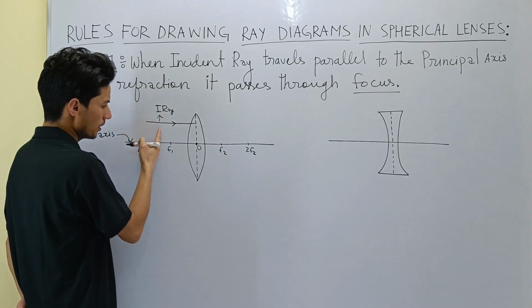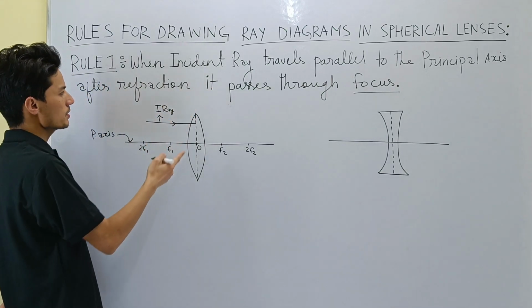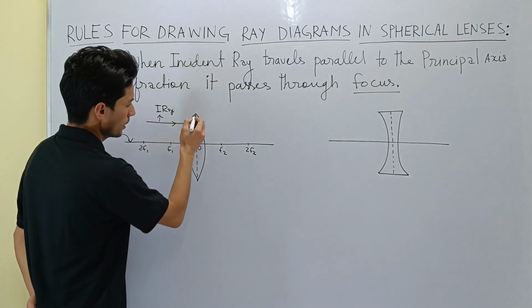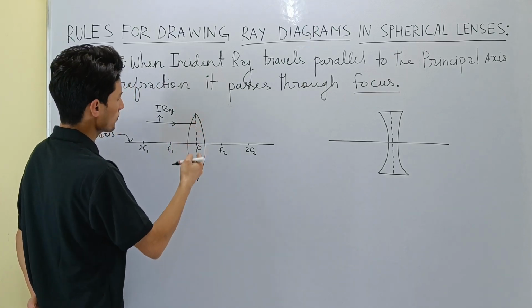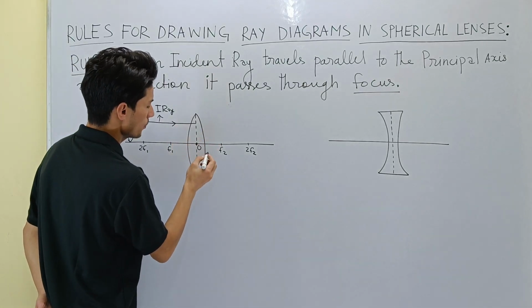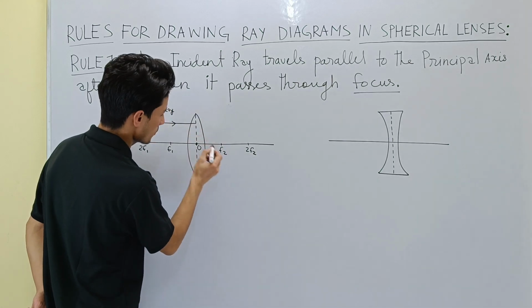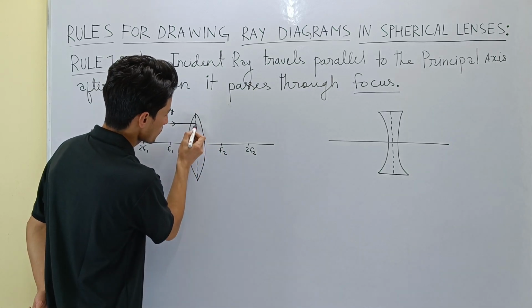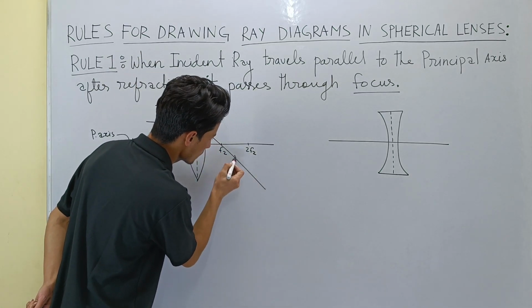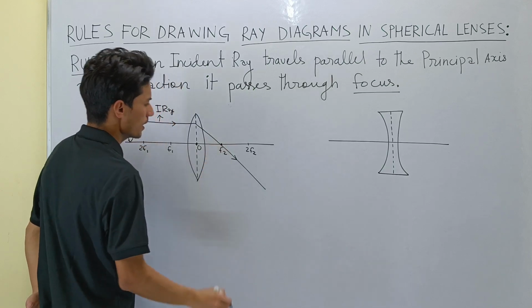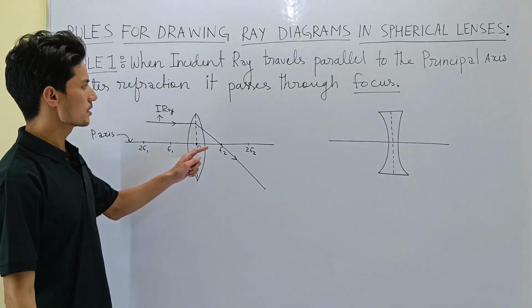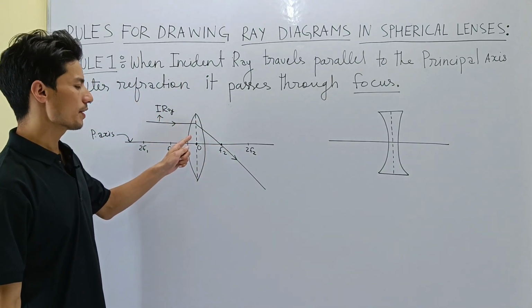The statement says after refraction, so it has touched the aperture, refraction will take place, and it passes through focus. That means it will pass through f2, like this. This is rule 1 in convex lens.